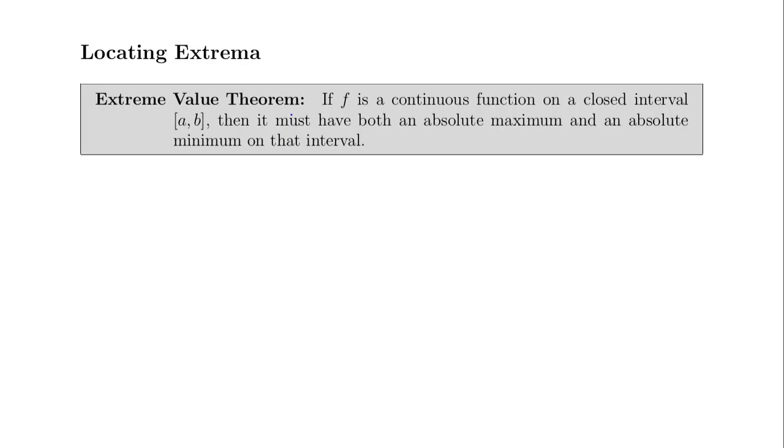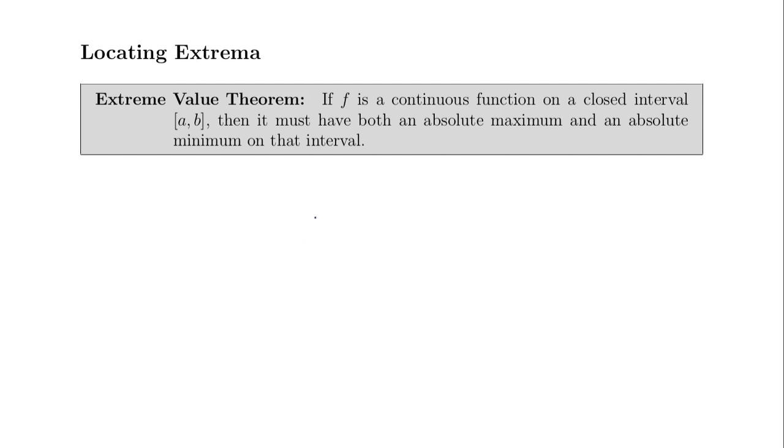So the big thing is the extreme value theorem here. This is a nice theorem that we're going to use a lot, and it just guarantees the existence of something. So we're going to say if f is a continuous function on a closed interval, then it must have both an absolute maximum and an absolute minimum on that interval.